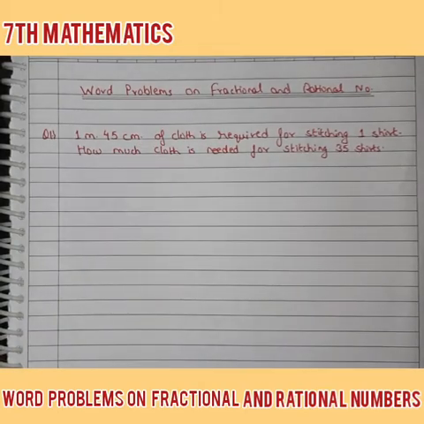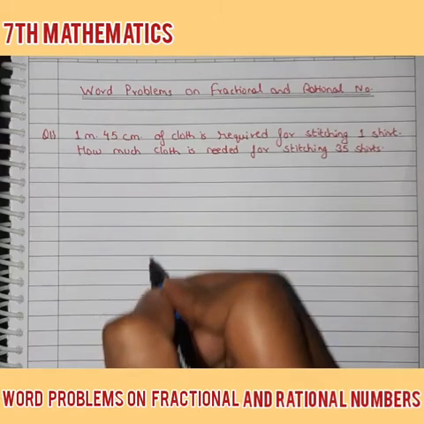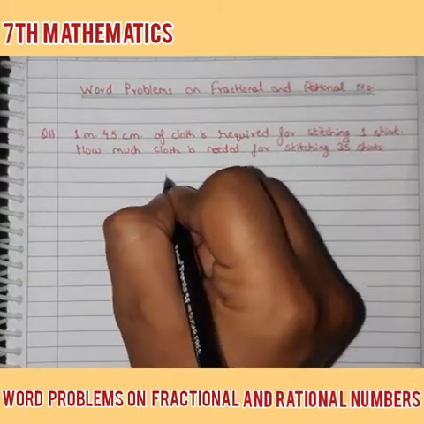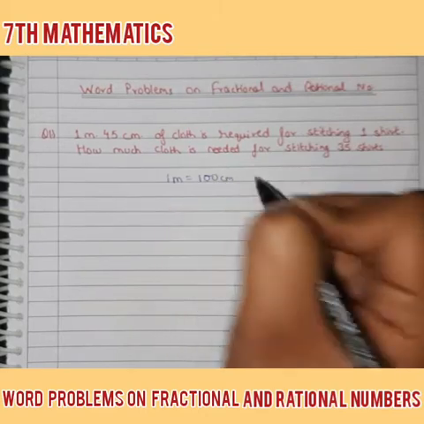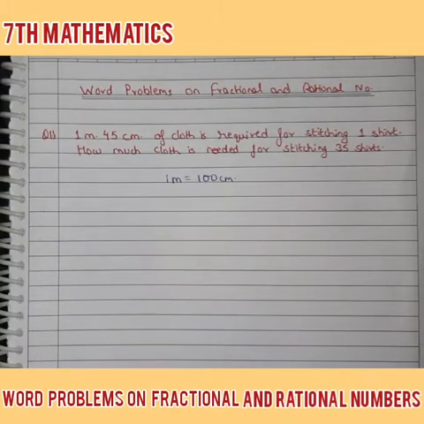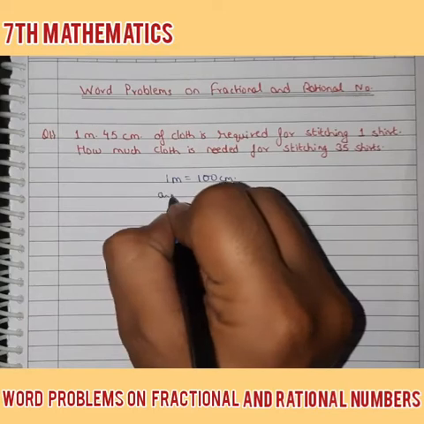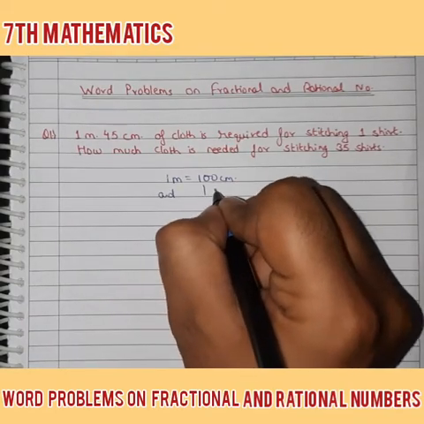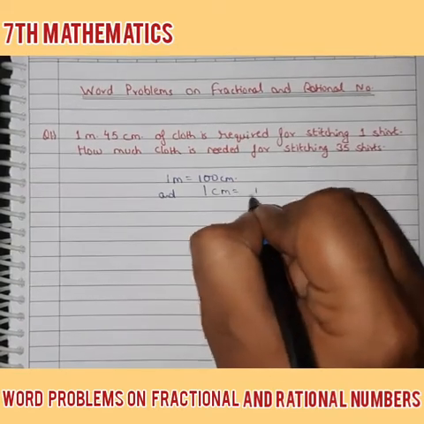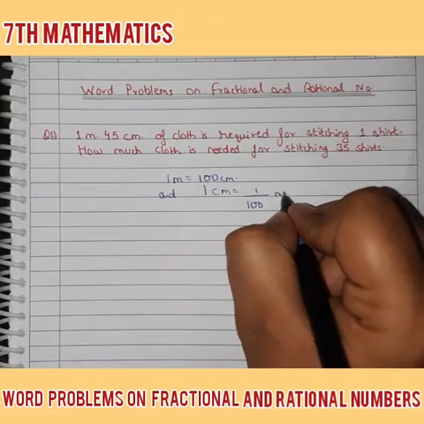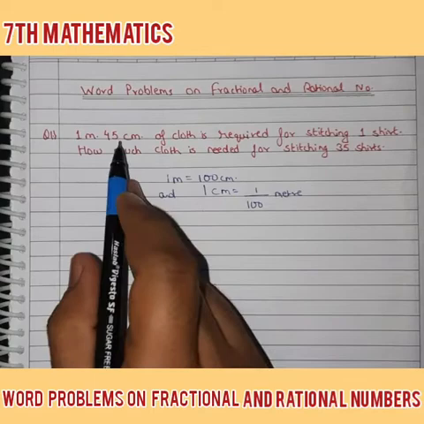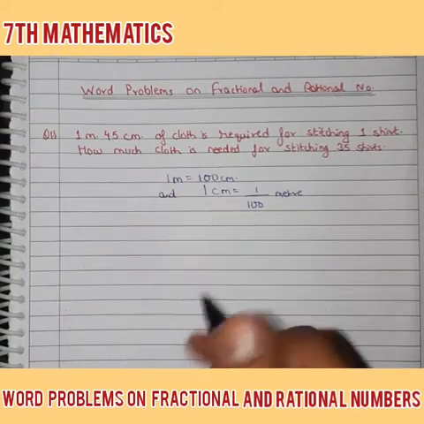Now we know, as per the system of conversion of units, 1 meter is equal to 100 centimeter and 1 centimeter is equal to 1 upon 100 meter. Now it is given 45 centimeter.